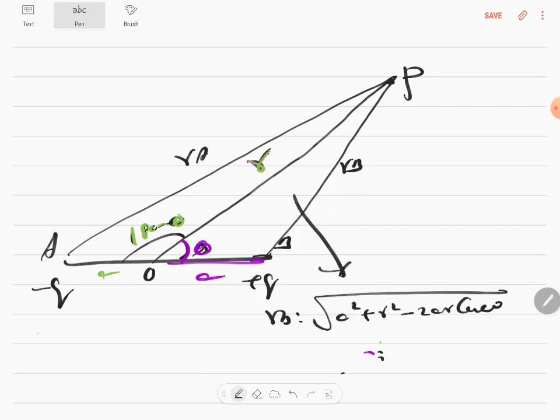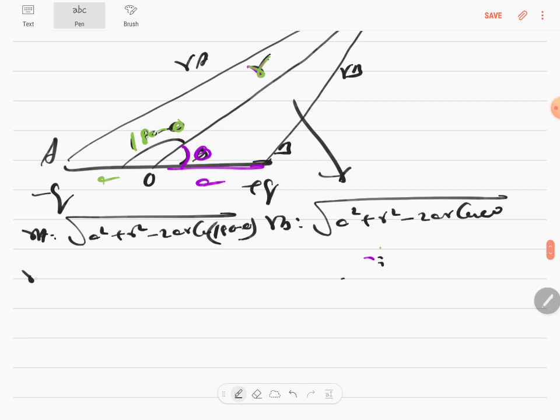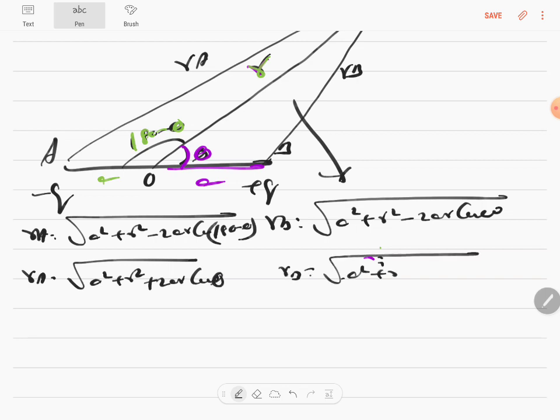This RA, which is on the opposite side, can be found by A square plus R square minus 2AR cos of 180 minus theta. Cos of 180 minus theta is minus cos theta, so RA is equal to root of A square plus R square plus 2AR cos theta. And RB will be root of A square plus R square minus 2AR cos theta.